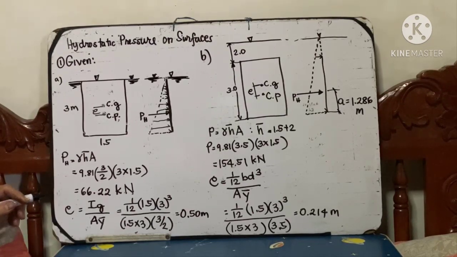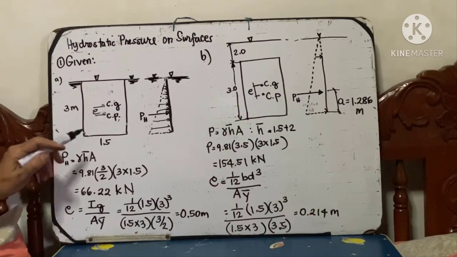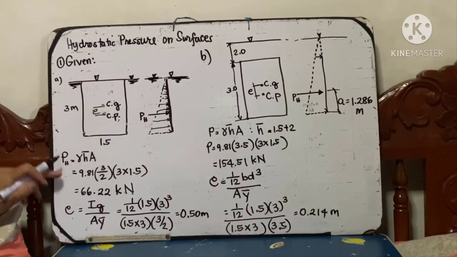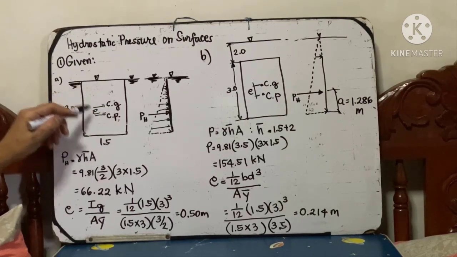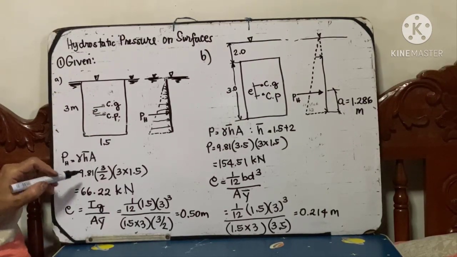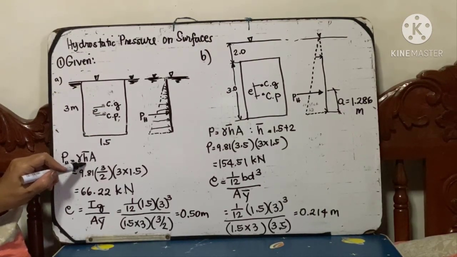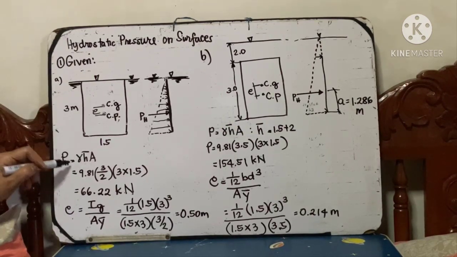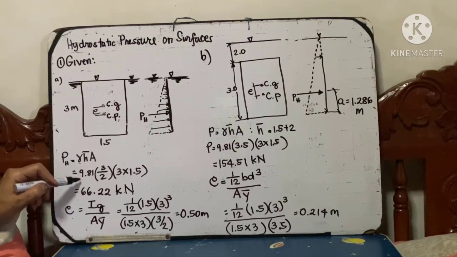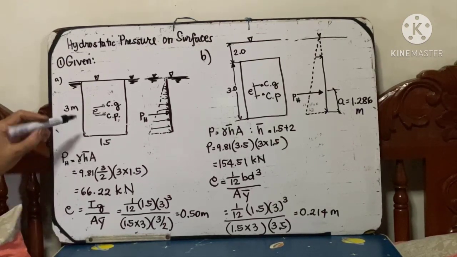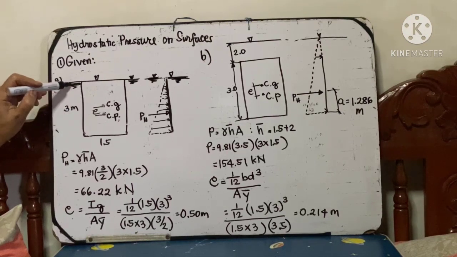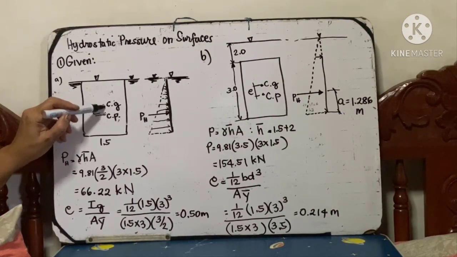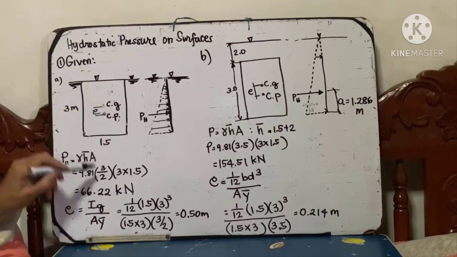Now the problem is for you to determine the total hydrostatic pressure resultant. Resultant ang ibig sabihin mo, big letter T. The resultant hydrostatic pressure acting on the surface is equal to the unit weight times barred H times A. Ang unit weight nito, tubig yan. So unit weight of water. Yung barred H ay yung distance mula dun sa surface ng fluid hanggang dun sa centroid o center of gravity.